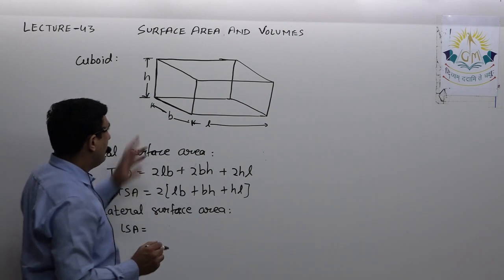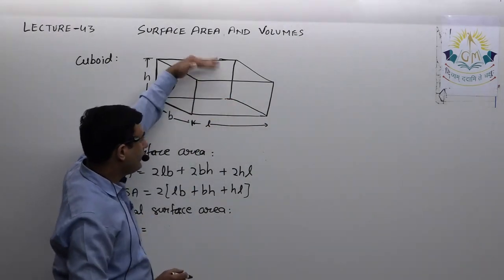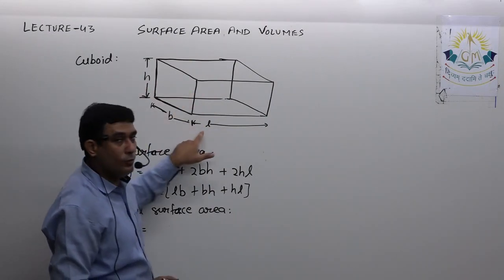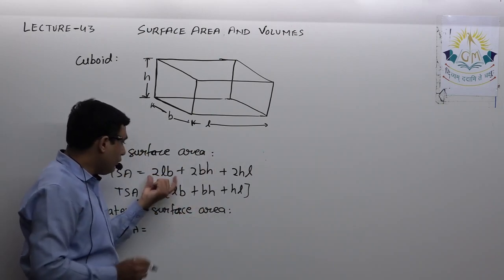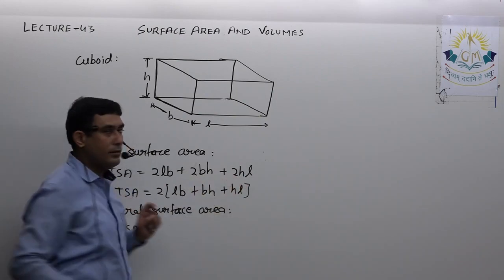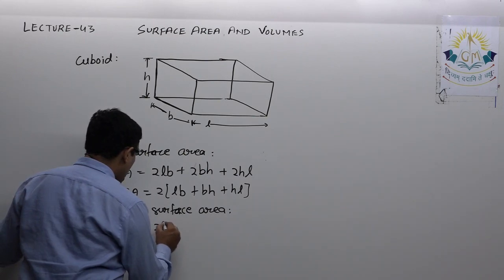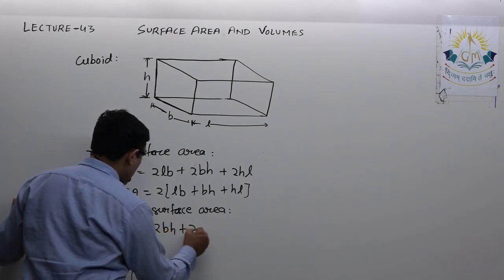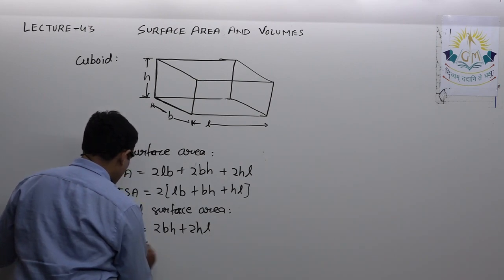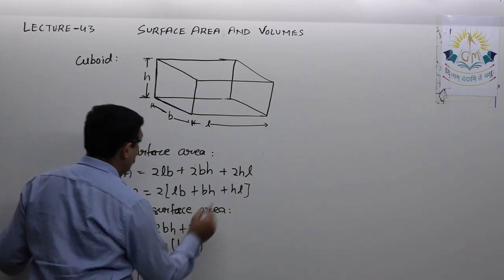When I say area of four walls, I have to skip the area of the bottom surface and the upper surface, which are each L into B. So if I subtract 2LB, what remains is the area of its lateral surface. So LSA can be written as 2BH + 2HL, that is LSA = 2H(B + L), or 2H(L + B).